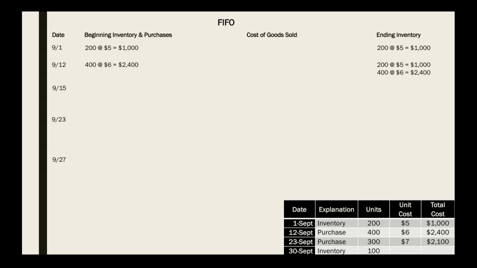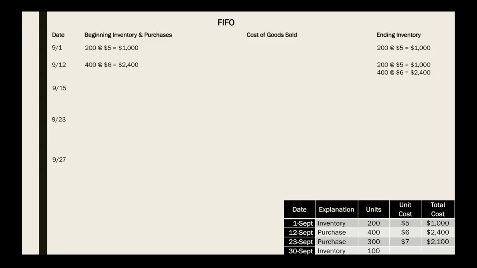And then we head over to our ending inventory column. And you'll notice we wrote out both groups of inventory again. Since we're using FIFO in this problem, we need to know which group of inventory came in first, because then we'll be able to tell which inventory we need to sell first.